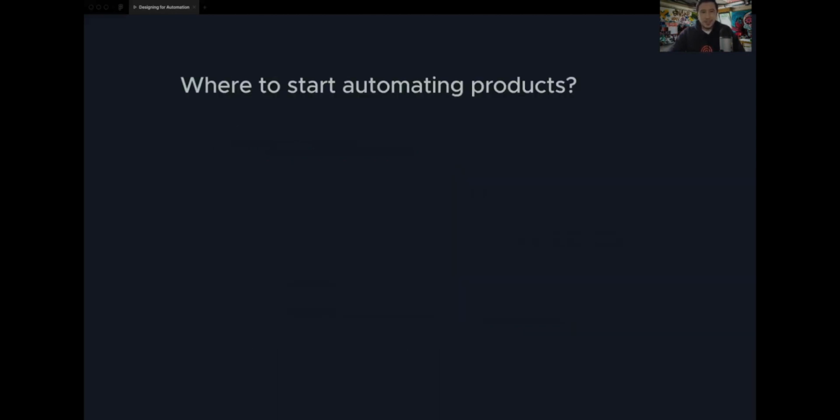If we don't know how to start automating our products, it's best to conduct user research. User research helps designers understand their users' goals and challenges.